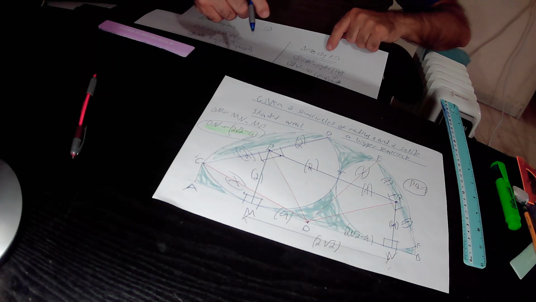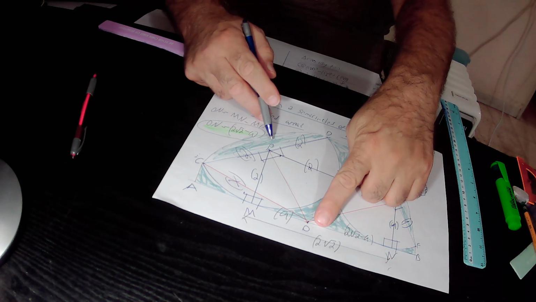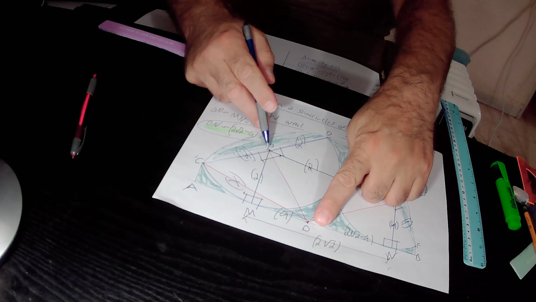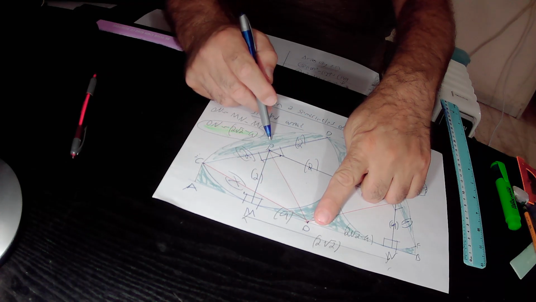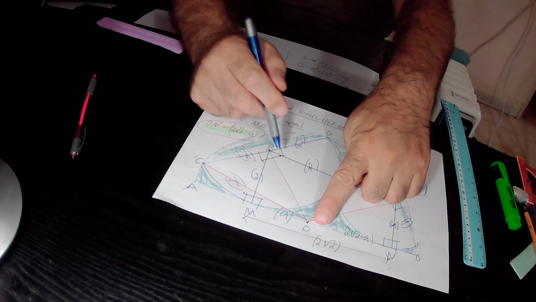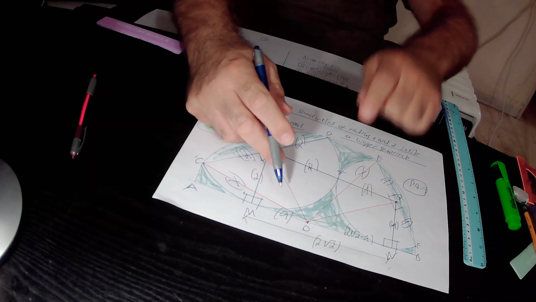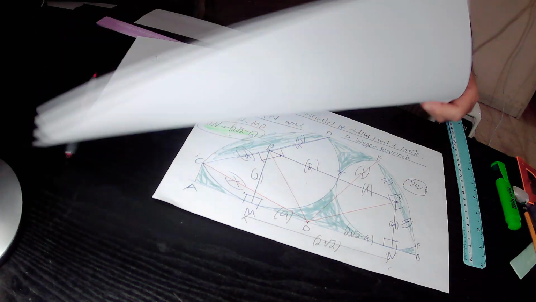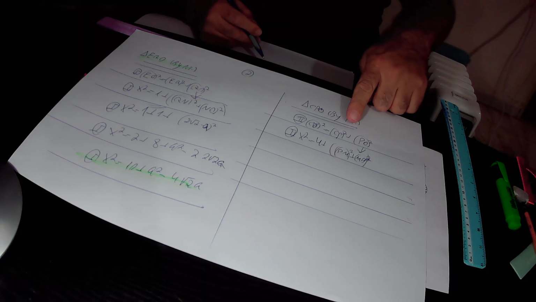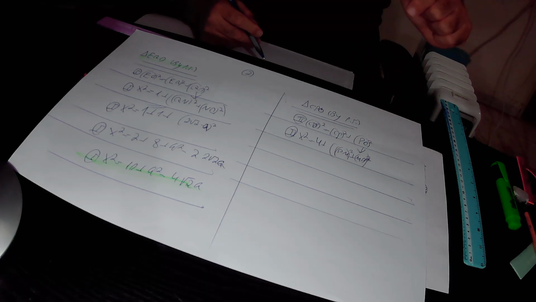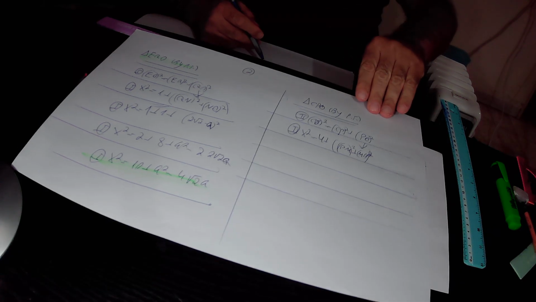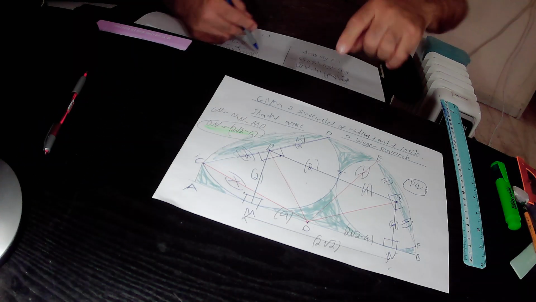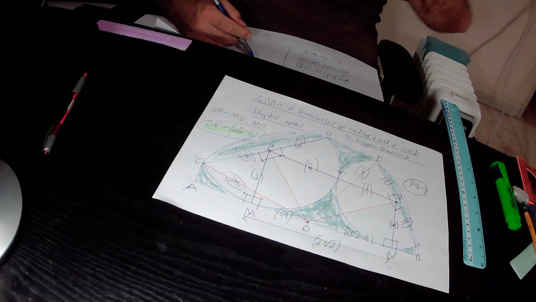Again, PO is the hypotenuse of this right triangle PMO, so PO squared must be equal to PM squared plus MO squared. We implement the Pythagoras theorem on this right triangle.